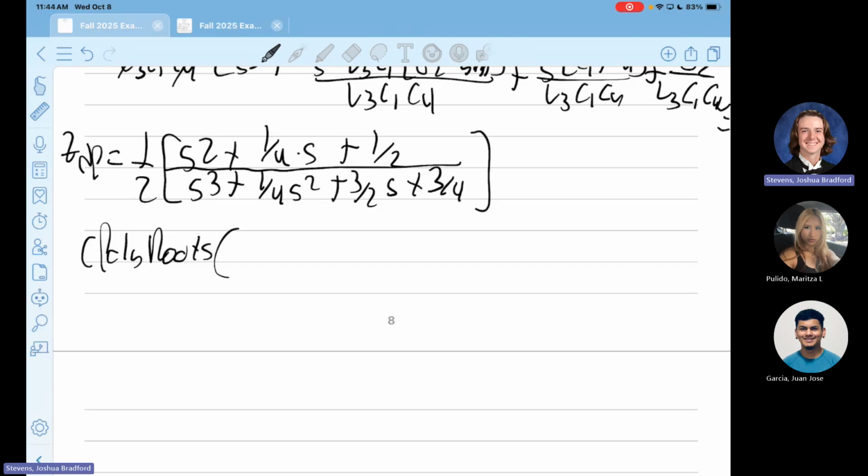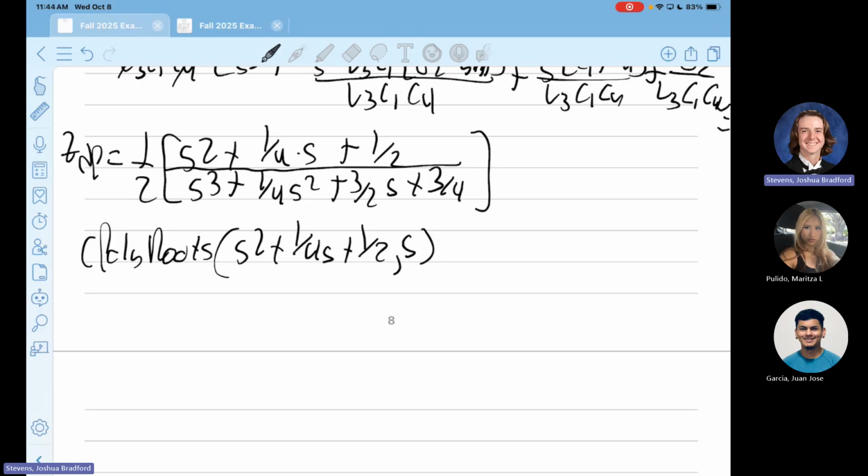So if I want to find the roots of the numerator at one point and the roots of the denominator as a second point, I want to find both of them. I like to do them individually because it just makes sense. So literally, I'll do this. I'm going to show you what to type in your calculator. S squared plus 1 over 4 s plus 1/2. You need to add a comma and put an s.